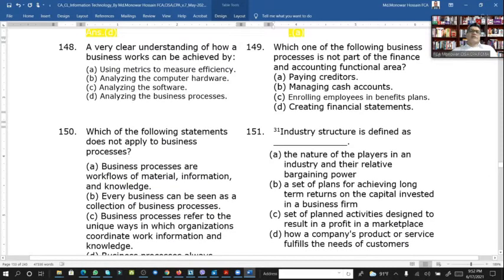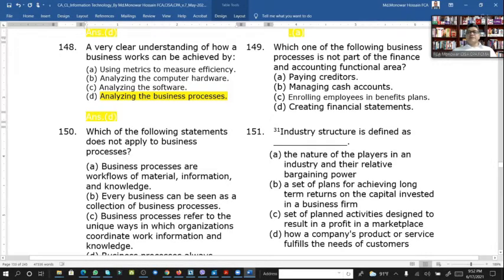148. A very clear understanding of how a business works can be achieved by analyzing the business process. Which of the following business processes is not part of the finance and accounting area?